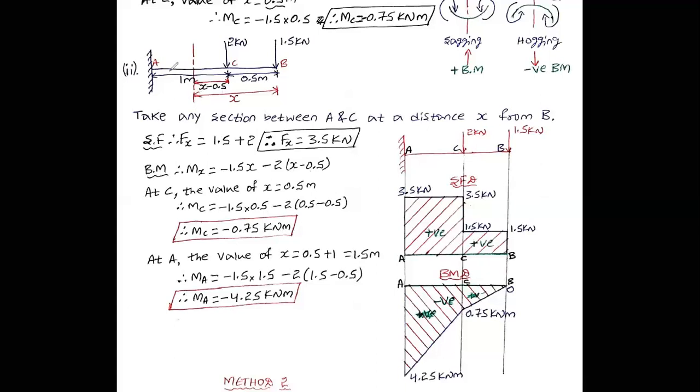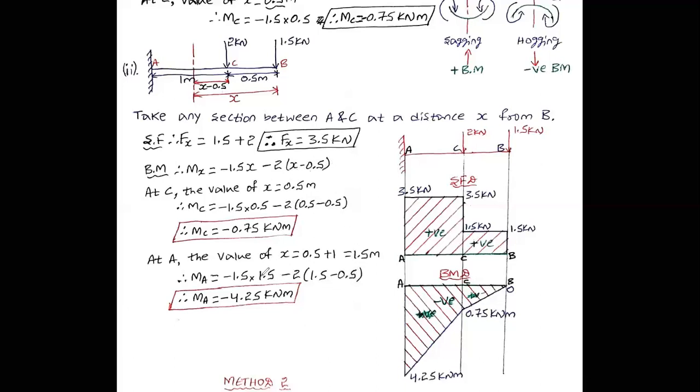Now I want to find the bending moment at point A. The distance, with B as the starting point: from B to C it is 0.5 meter, and from C to A it is 1 meter. 0.5 plus 1 meter is 1.5 meter. Substitute x equal to 1.5 meter in this equation and you will get the bending moment at point A. Minus 1.5 into 1.5, minus 2 into 1.5 minus 0.5.